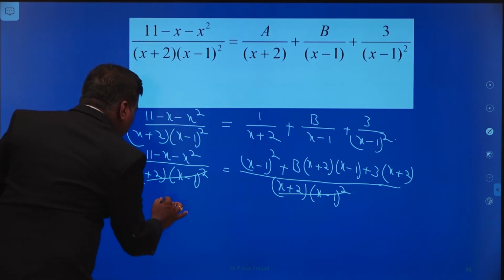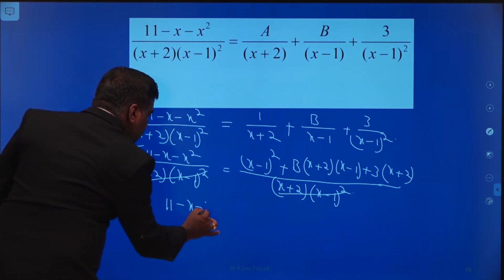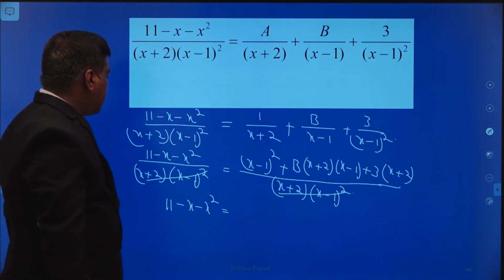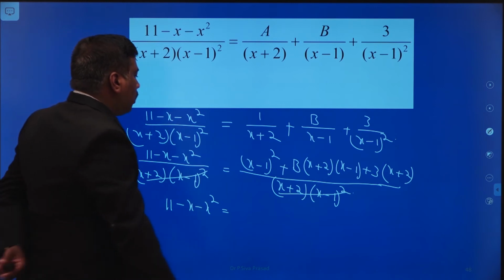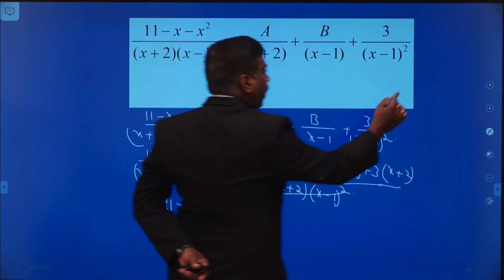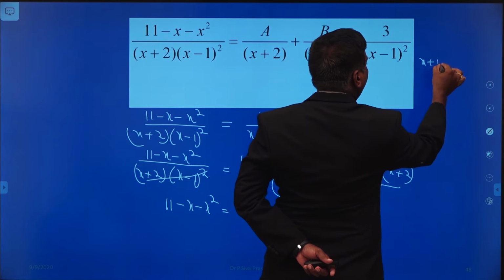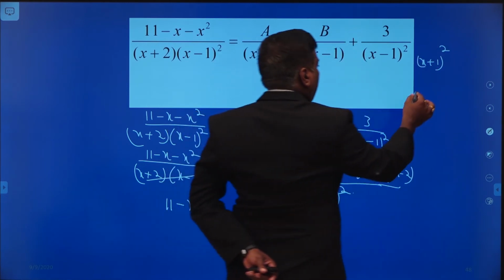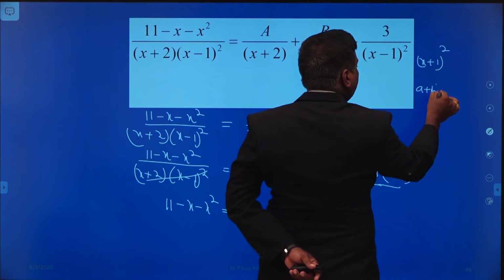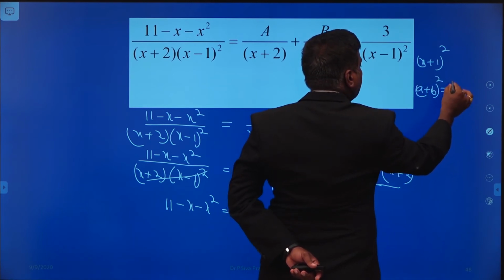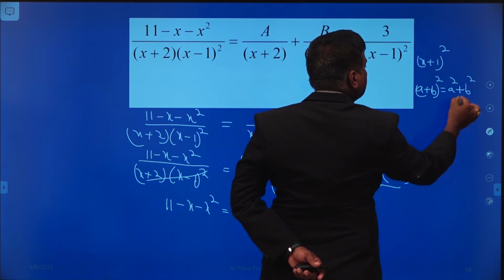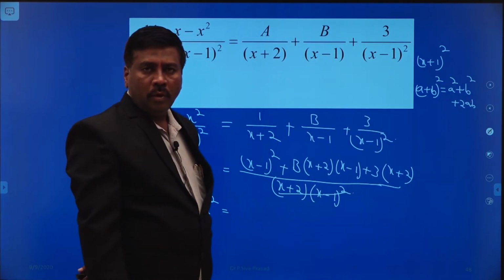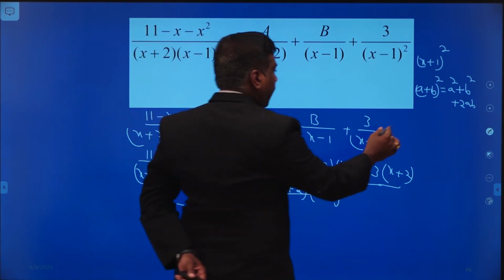Then 11 − x² is equal to this, and I have to expand it in the form of (a + b)². You already have to know the formula: (a + b)² = a² + b² + 2ab. By using that formula, I have to expand this.